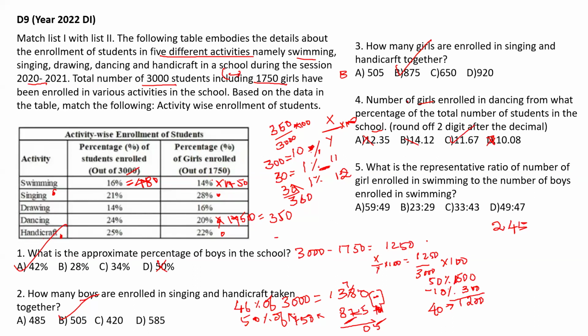So 480 is your total number of students. Out of this, girls are 14 percentage of 1750, which we have found is 245.